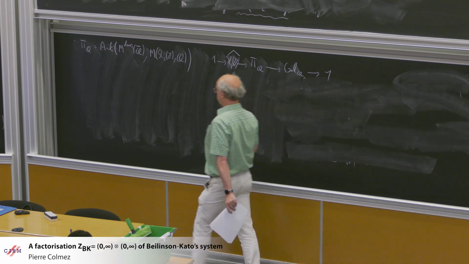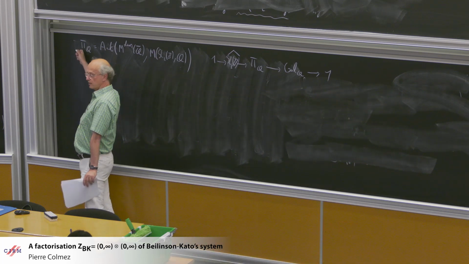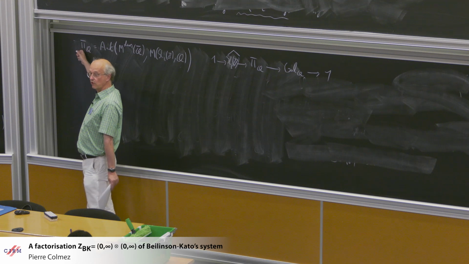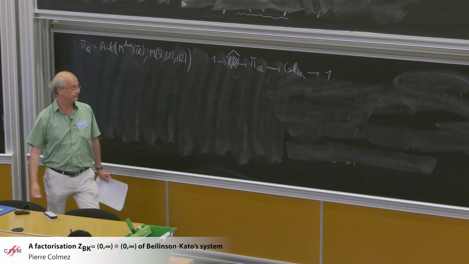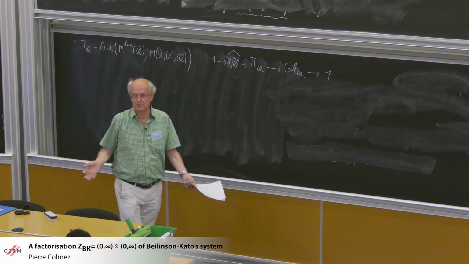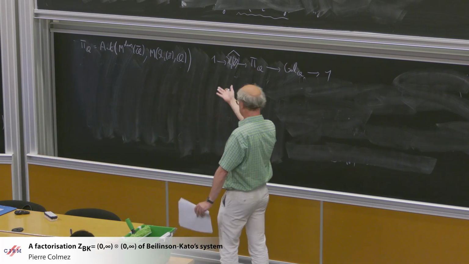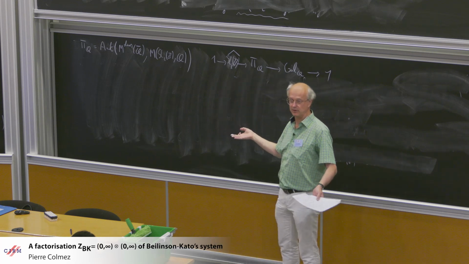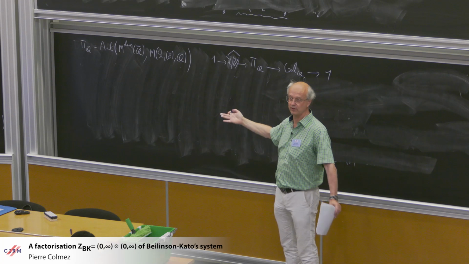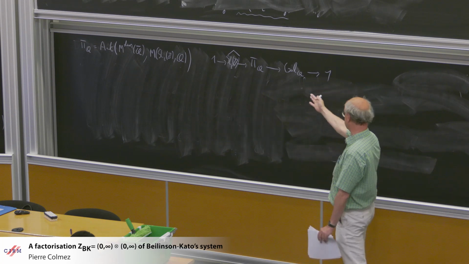So this Pi_Q is also the pi_1 of the modular curve of level 1, but viewed as a stack. If I view it as an algebraic curve, it's only A^1, so it has no P^1. But if you view it as a stack, it has a big pi_1.